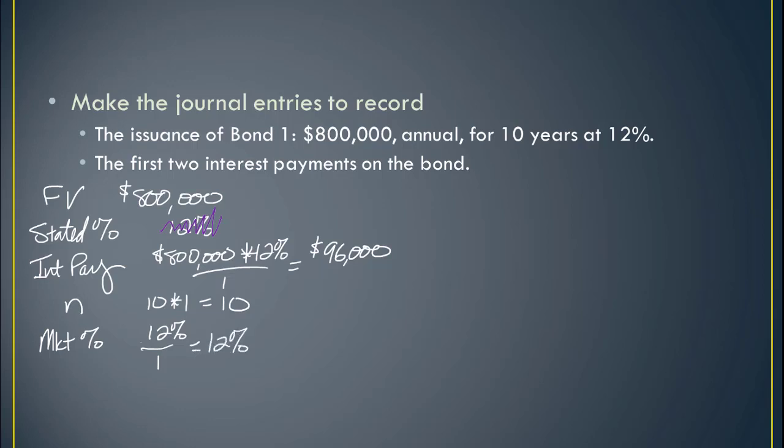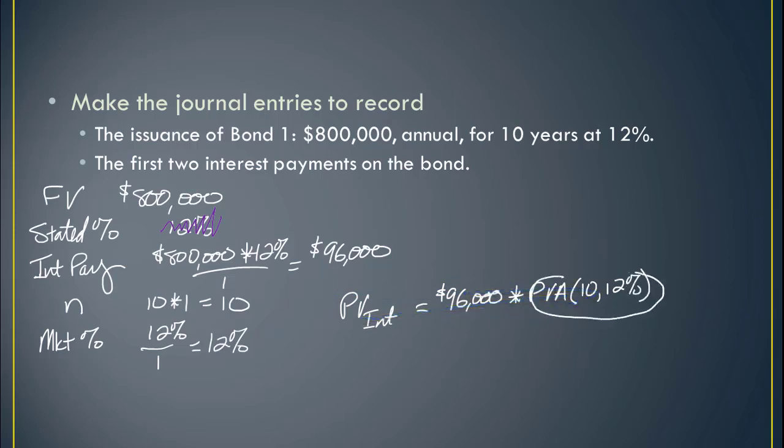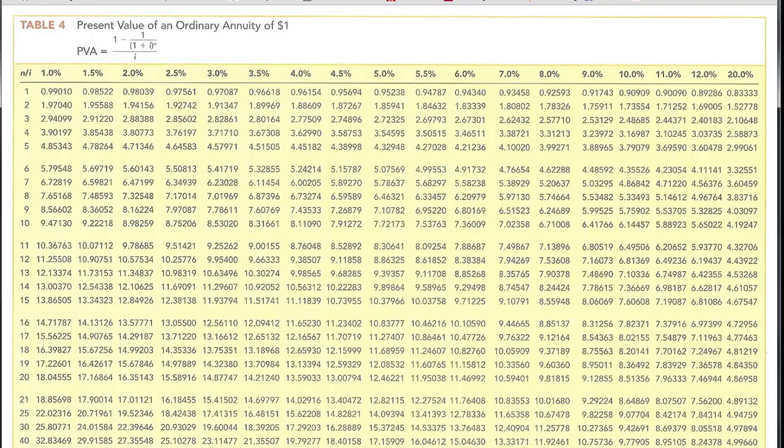Now that I know these numbers, I can do my time value calculation. The present value of the interest will equal the payments times the present value of an annuity factor at N, which is 10, and my market percentage, which is 12%. And I can go to my tables and find this factor. Let me go ahead and switch to my table.